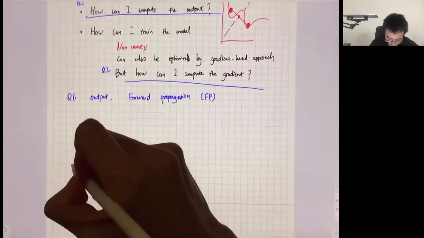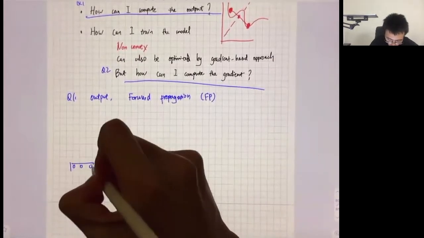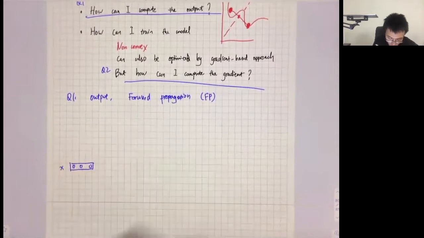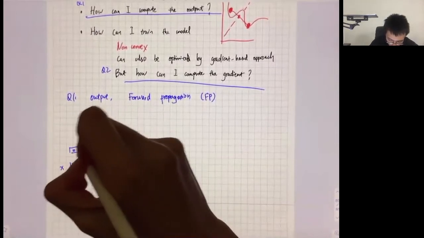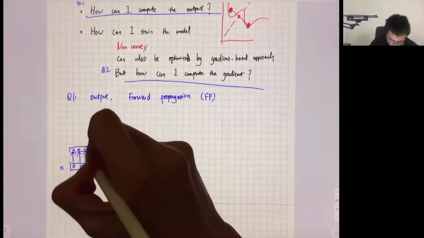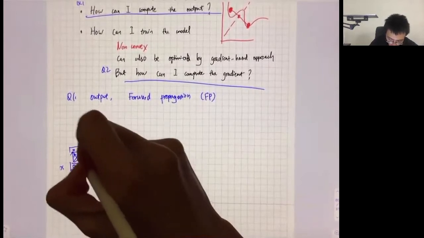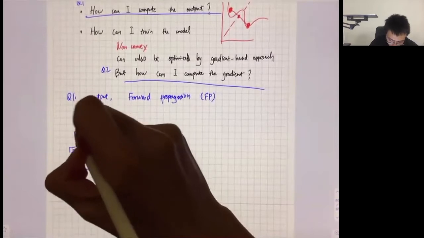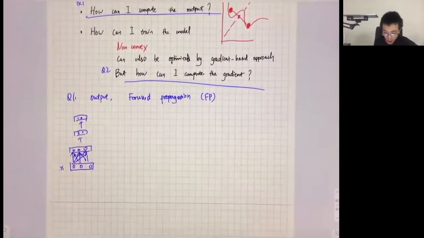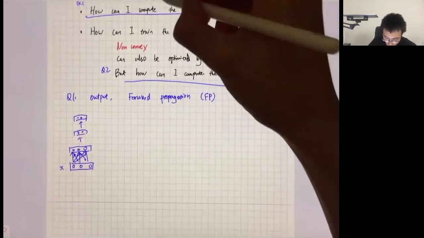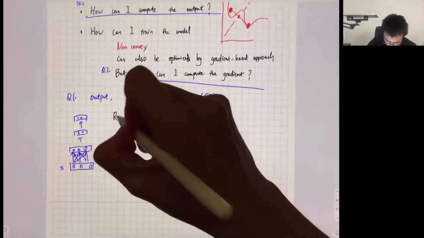So basically, the idea is you compute the output layer by layer. The lowest layer is just the feature. Then you compute the output of this. Then you compute the output of that based on how you define the semantics of these neurons. The computation will be a recursive algorithm.